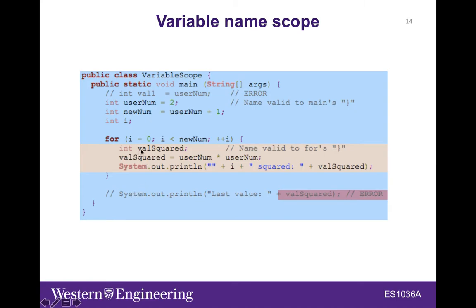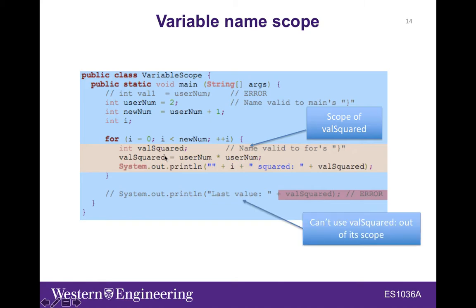So if I have a variable like val squared, which I declared inside the for block, the scope of this one is only the for block because I declared it here. If I tried to use it outside the block where I declared it, I would get an error. So I can't do that. It is as simple as that.